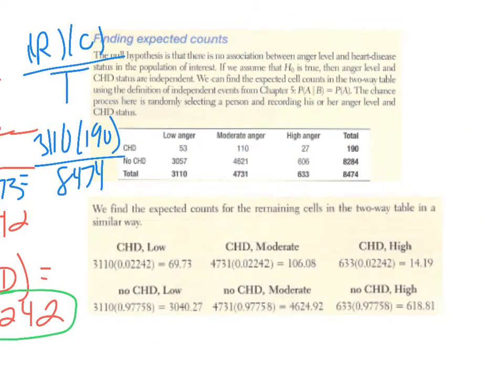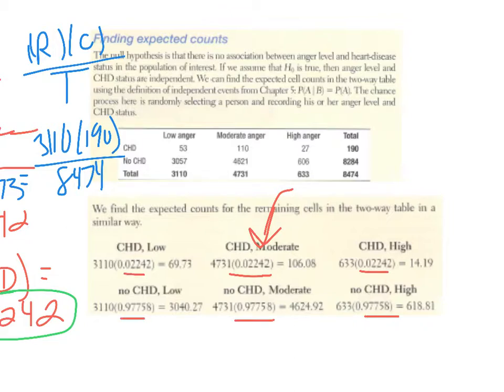So there are your solutions for if you went ahead and multiplied all of these out, right? We have our probability of them having heart disease is 0.02242, regardless of their anger level, right? And we go ahead and apply that to each one.